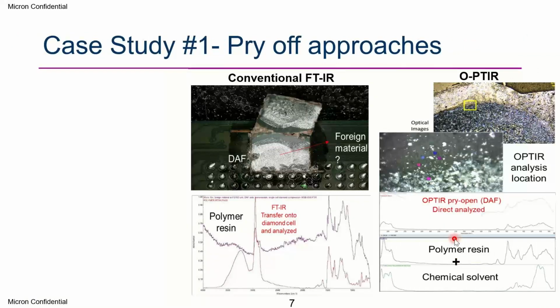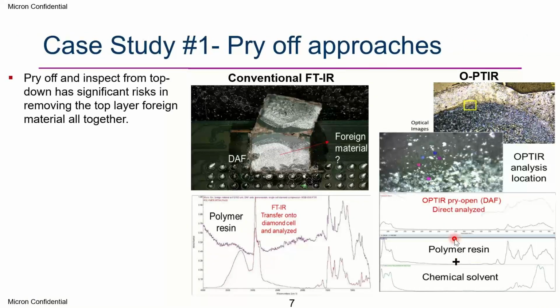For pry open with conventional FTIR, because of the spot size limitations and the need for a lot of sample preparation, we definitely need some sample prep. We pry open the delamination to expose the defective areas for analysis.